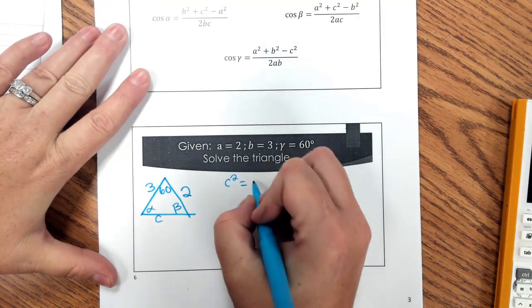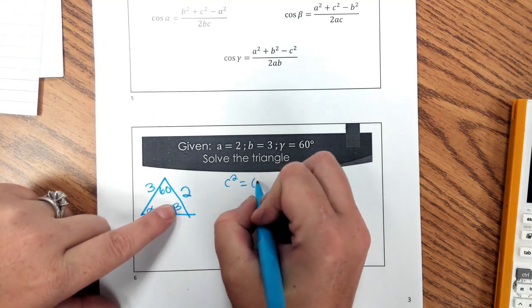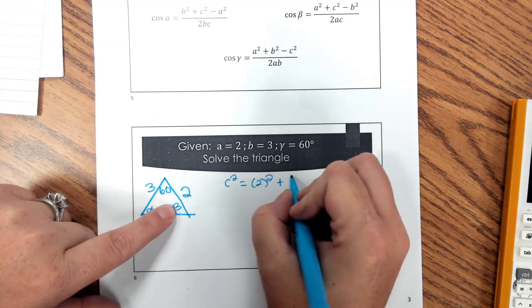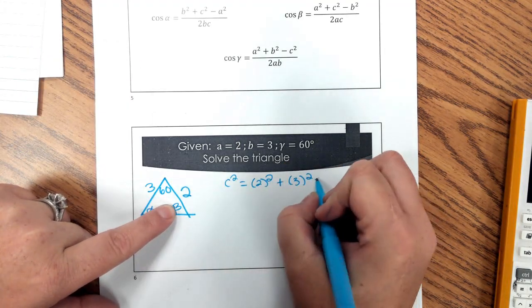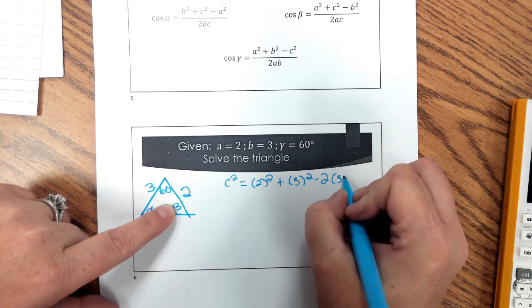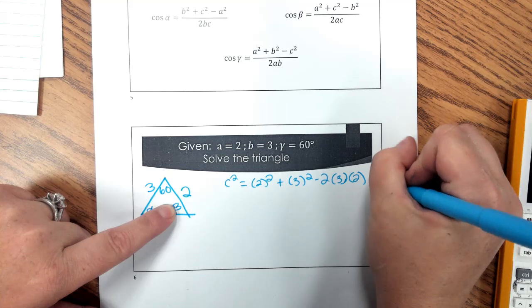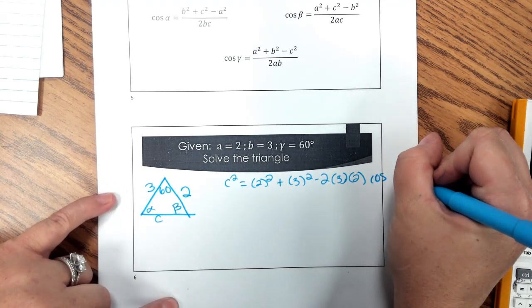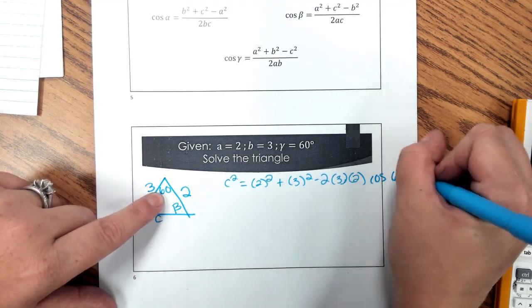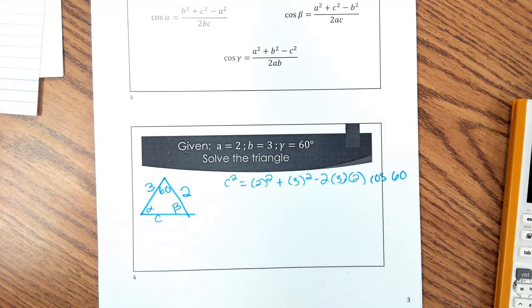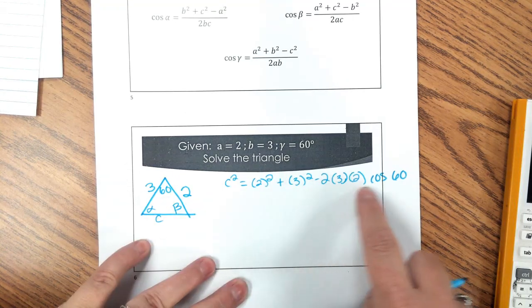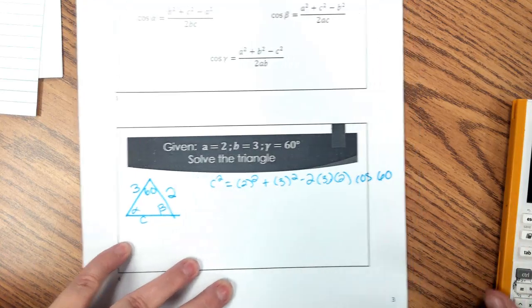C squared equals A squared, so that's 2 squared plus 3 squared minus 2 times, does it matter if I did A and B or B and A? No, it does not. Cosine of 60, because we got that, right? So now this is a literal plug and chug. I would do all this nonsense and then subtract it, okay?